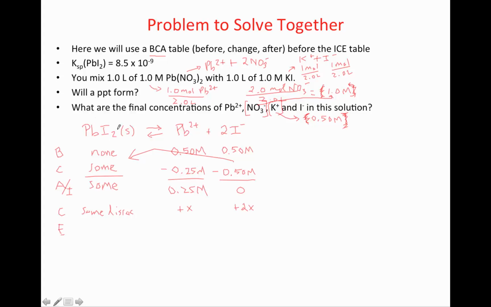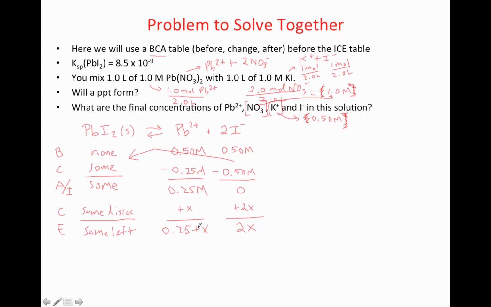Every time one of these dissociates, I get one of these and two of these. That's reflected here. And of course I have some left. We just made a lot of precipitate. And so I get 0.25 plus x, and I get 2x.